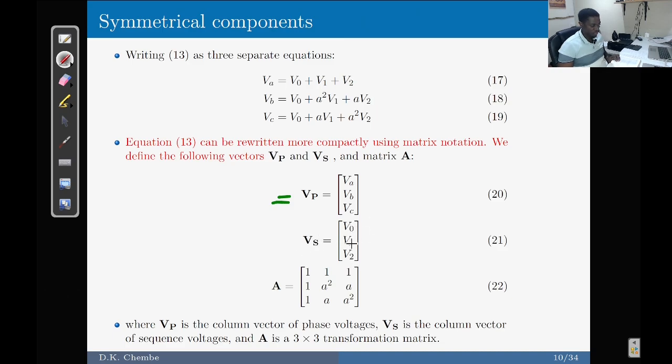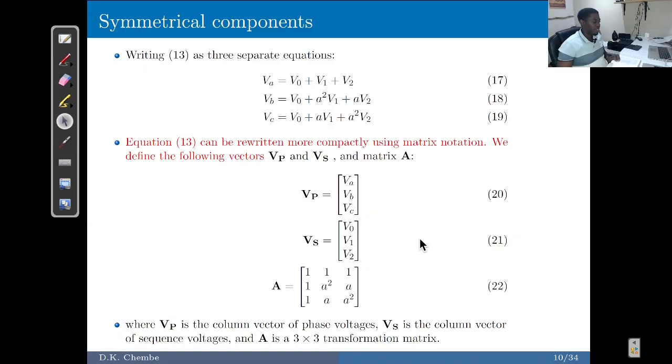So V0, V1 positive sequence, V2 negative sequence. Okay, this is the zero sequence voltage. And then the matrix A represents the 3x3 transformation matrix. So we call this the transformation matrix.